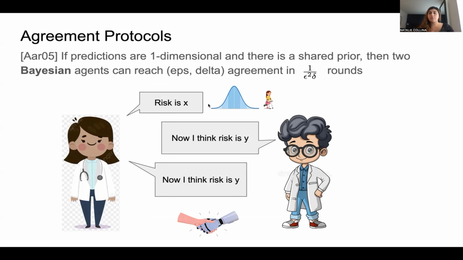For example, the state could be the efficacy of this particular treatment, or the danger of this operation. And then you have two or more agents, and each of them gets some variable revealed to them, which is correlated with the state of the world.